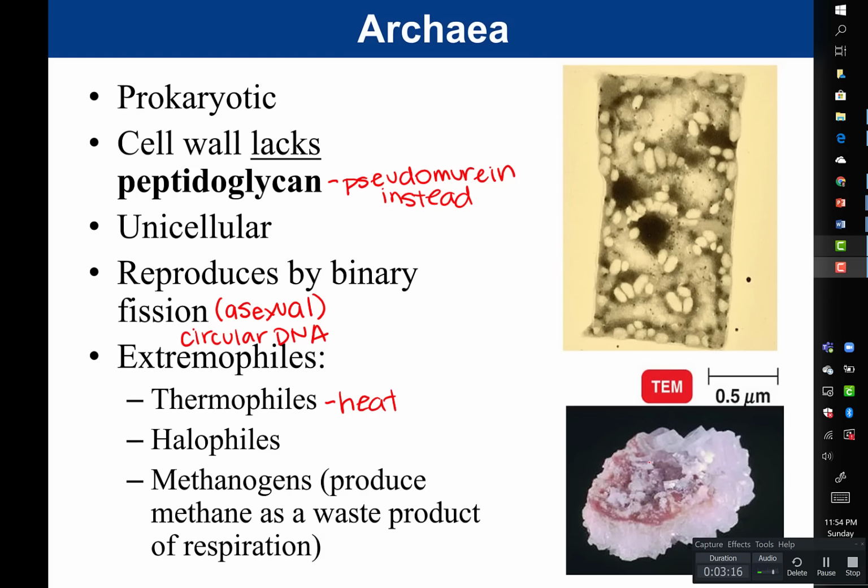Most organisms can't tolerate high salt, yet this organism can, and it can grow on these salt crystals, and so we would call this a halophile or a salt lover. So next we have our methanogens. These are going to be our organisms that produce methane, which is a gas, as a waste product of respiration. And so this is just a little bit of information about Archaea.